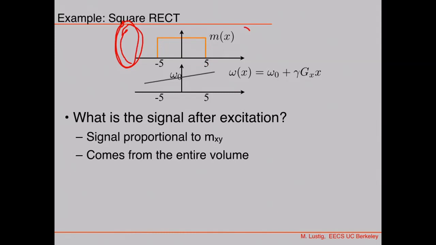By creating this field distribution, this part of the sample is going to emit a low frequency, this part of the sample is going to emit a high frequency, and they're all going to add up in the coil together.